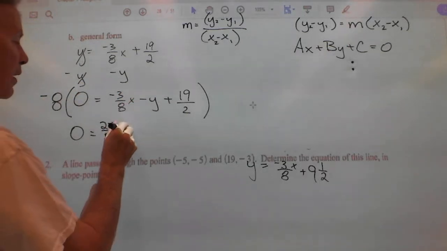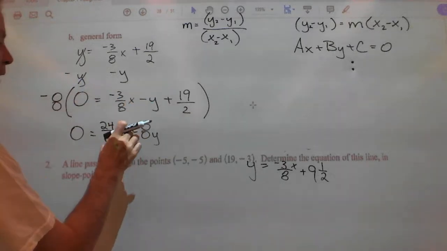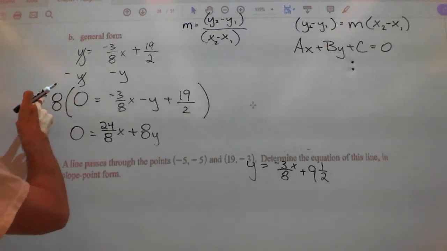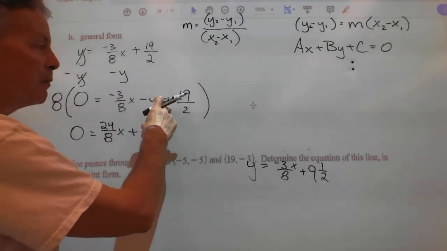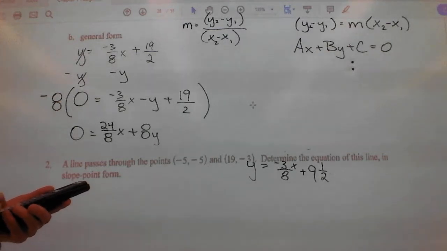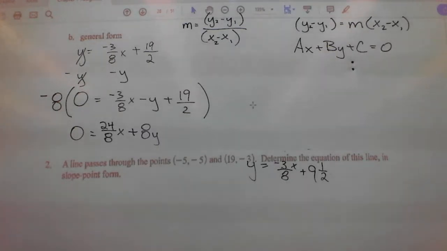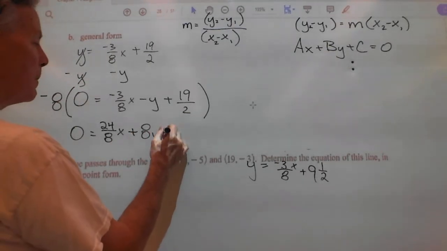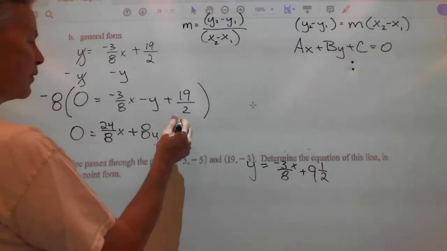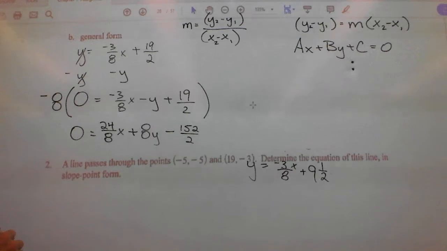Negative 8 times minus y is plus 8y. Remember, negative times negative will give us a positive answer. And negative 8 times positive 19 will give us a very, very big number. 152, I think. Let's just make sure. Yes. Negative times positive will give us minus 152 over 2.